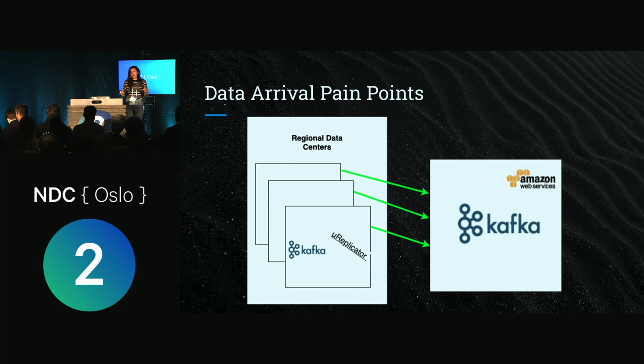So what kind of set of problems am I talking about? The most straightforward problem would be the uReplicator crashing, right? So the uReplicator crashes, then data does not flow, data is not being replicated anymore from that regional Kafka into the Kafka in AWS. But there are problems that are a lot worse.